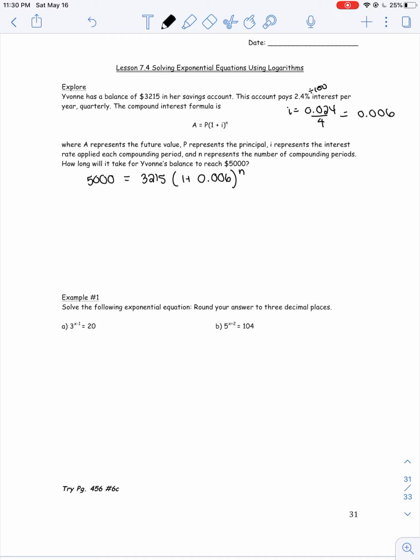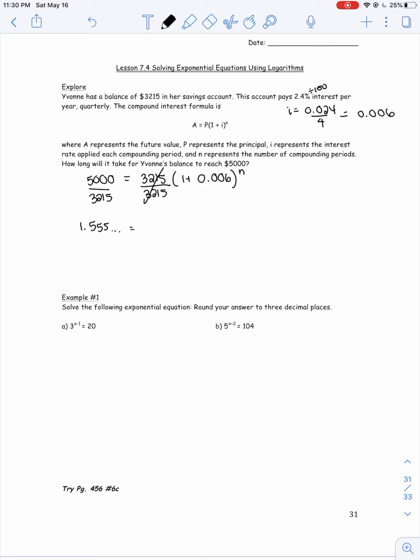So first we're going to bring the 3,215 to the other side by division. Okay, so you should get this 1.555 number.